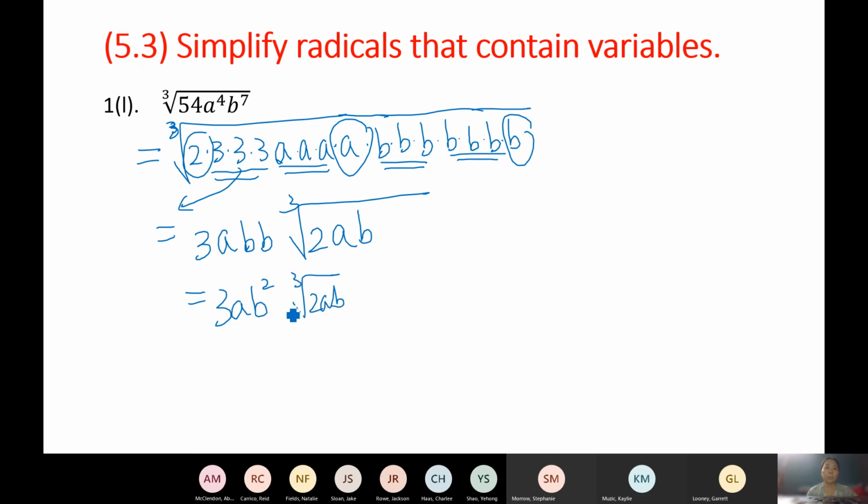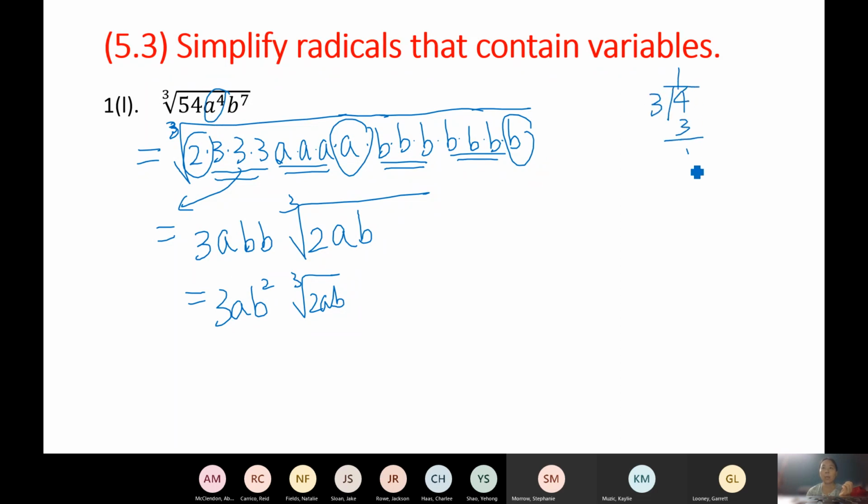Okay, so keep a little distance here because that little 3 is the index for the radical, but that is the square of B. If you don't expand them, for numbers, you still have to expand them to factor them. But for the variables, as you can see, you're looking for groups of 3. So if I have 4 copies of A, how many groups of 3 can I get? So you take 4 divided by 3.